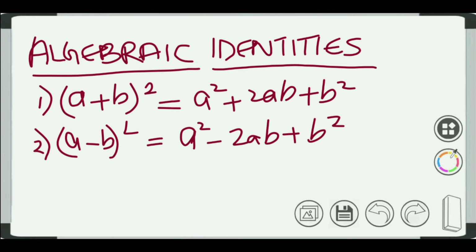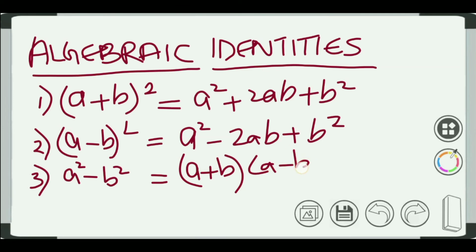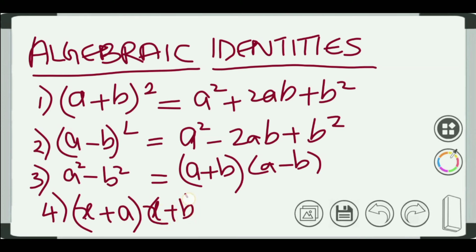Then third one, a square minus b square equal to (a plus b) into (a minus b). Fourth, (x plus a) into (x plus b) equal to x square plus (a plus b) of x plus ab.